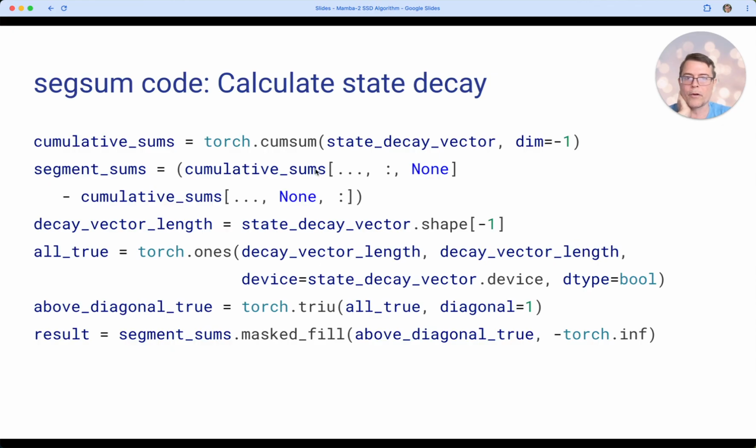So the first part of this is saying, match all of the higher dimensions, then take the last dimension and stick in a dimension of length 1 at the end. And we're going to subtract off all the entries in the last dimension, and insert a dimension of length 1.